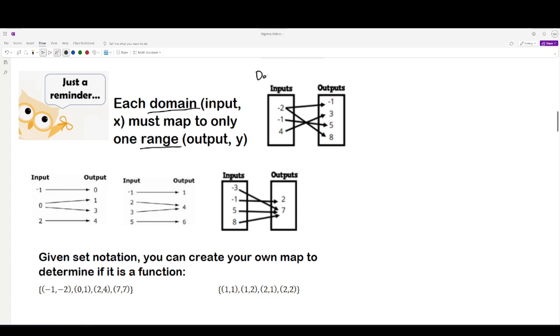So we've talked about inputs and outputs, but you probably haven't talked about the vocabulary domain and range. So remember, domain is just all the inputs. So in terms of like a graph, that would be all of the x values. And the range is all of the outputs, or all of the y values on a graph.